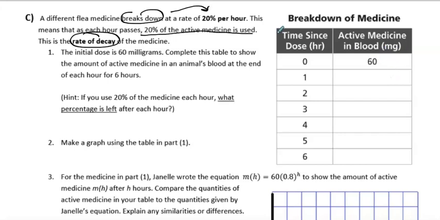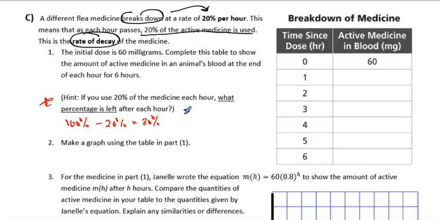So I'm going to ask you to think back to 7th grade here. If you use 20% of the medicine, what percentage is left over? Here's your hint: you start with 100%, and if you use 20%, then you're only left with 80%. So 2 ways.